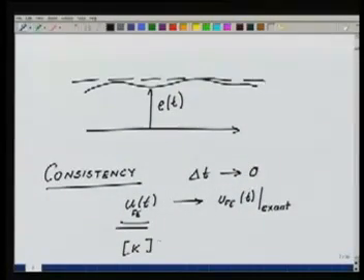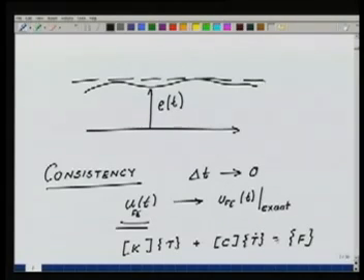This means that as the time steps decrease, I converge to the exact solution of the system K u + C u dot = f, as we had written. The exact solution of this system is what this will converge to, and it will not converge to something else.